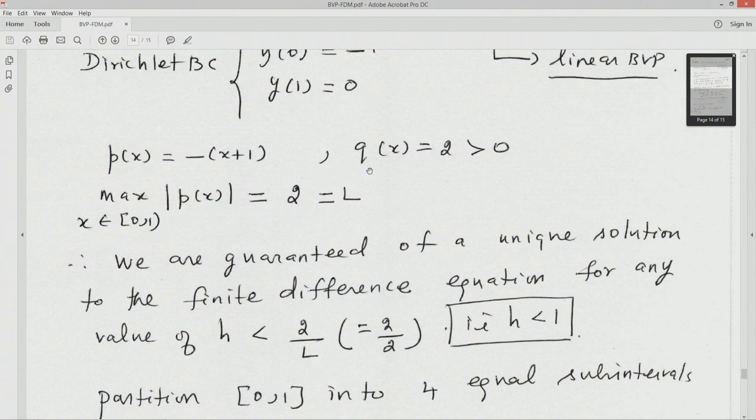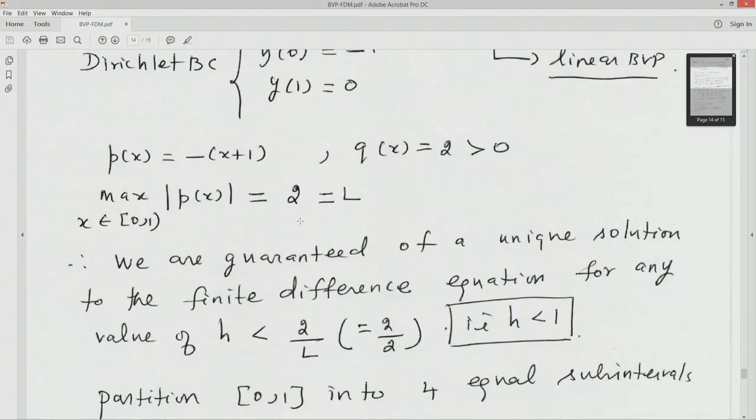So, this gives us L. So, what should we choose our step size h as? It should be less than 2 by L. L here is 2. So, take our step size h to be less than 2 by 2, that is less than 1. So, we are guaranteed of a unique solution of the finite difference equation for any value of h which is less than 1.